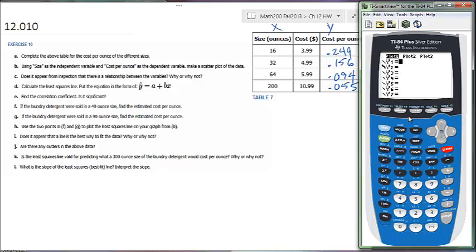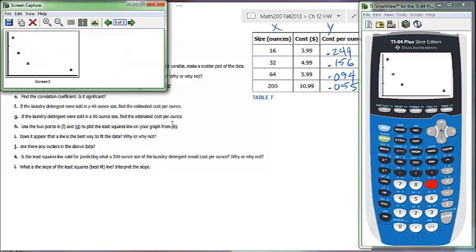Alright, so now to get the scatter plot, we go to zoom and scroll down to the choice that says zoom stat. It's usually number 9, so if you know that, you just click on the number 9 and it'll automatically do that for you.